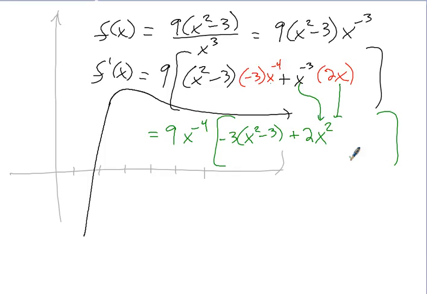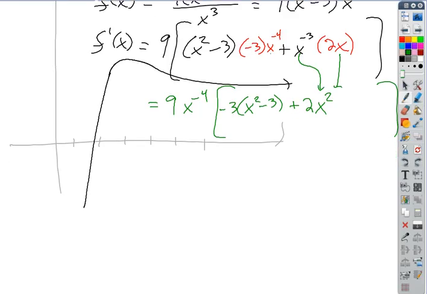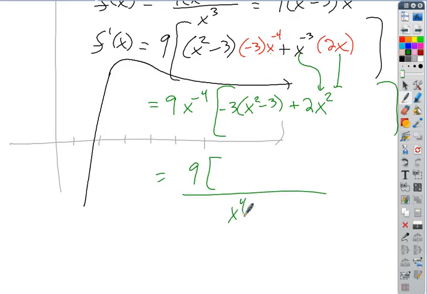Now we can turn this into a fraction. This is a negative exponent, so it goes to the bottom. On the top, I've got 9 times negative 3x squared plus 2x squared, which is the same as negative x squared, right? If I distribute that and then add it to this term, I'm going to get a positive 9, so 9 minus x squared.